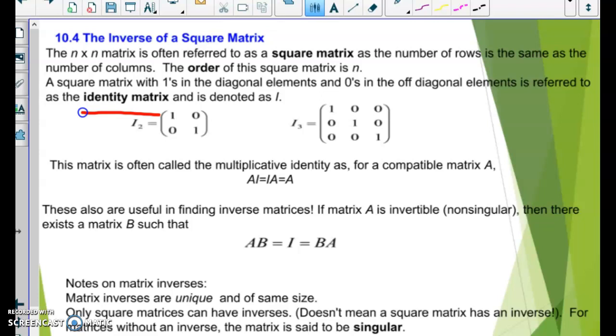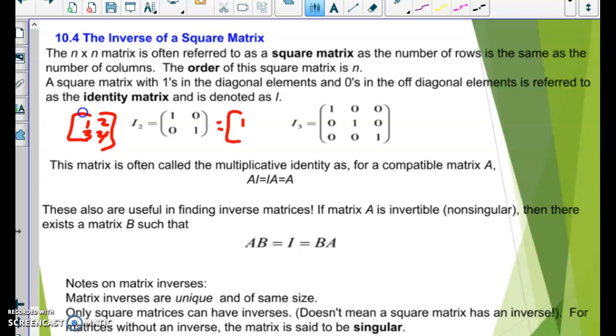This matrix is often called the multiplicative identity for a comparable matrix. Now, why would that be true? Well, just to show you why, if I take some other matrix over here, 1, 2, 3, 4, for instance, and multiply it by that identity matrix, take the first row times the first column, I get 1.